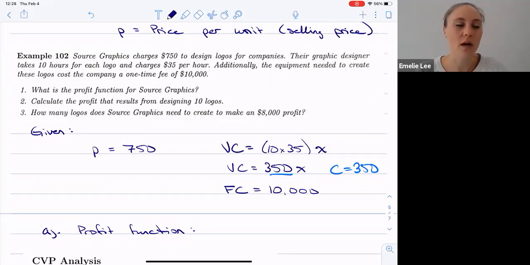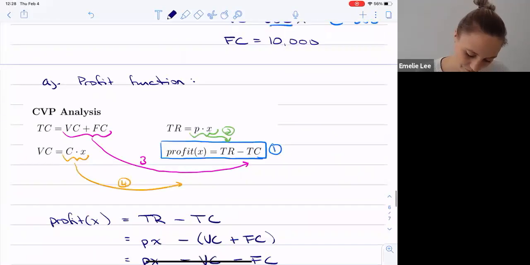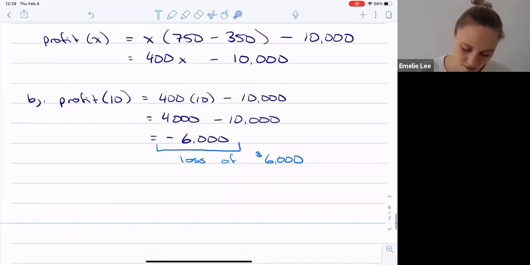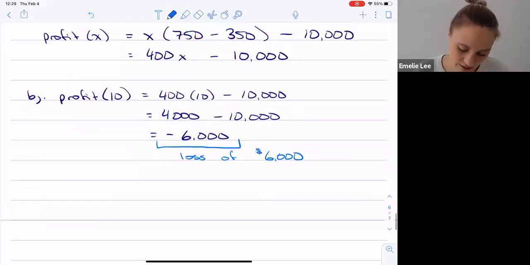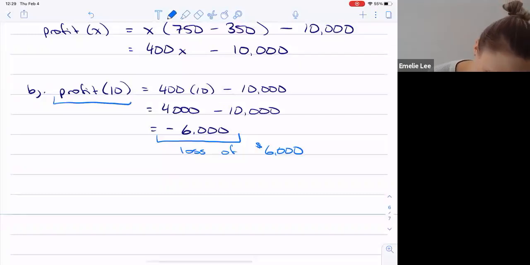What about the other? Oh, so this 10, let me go back there. This 10 here is not, so it's important to remind yourself that you're not multiplying by 10, you're finding the profit at x equals 10. Okay, so I'll write that down because that's going to be really important, right?